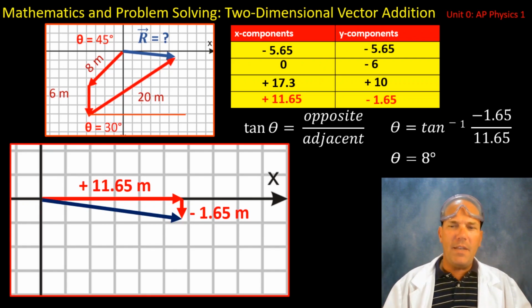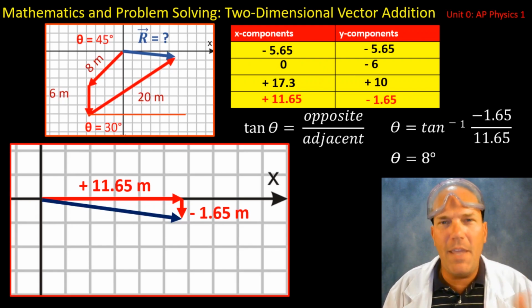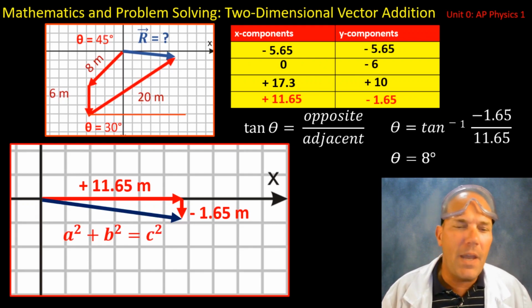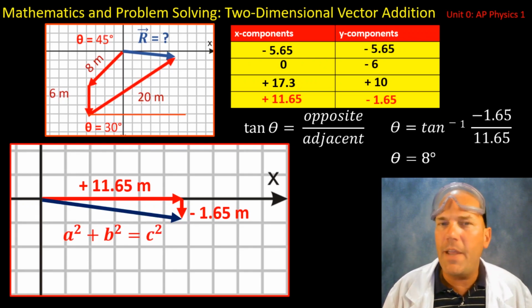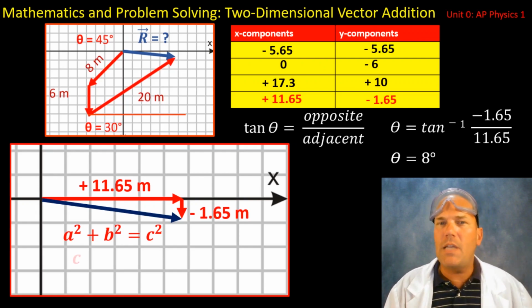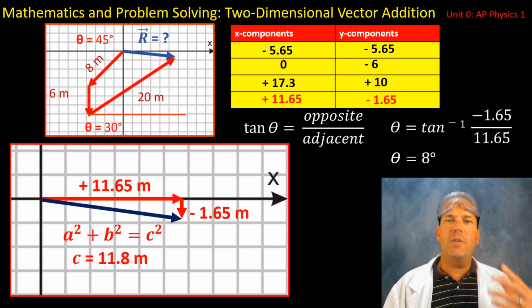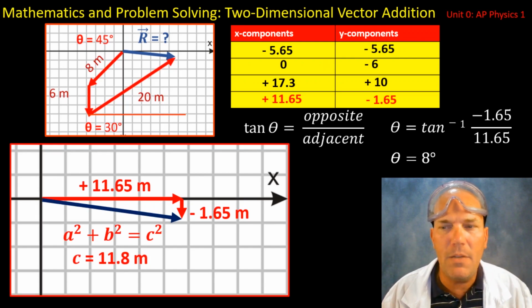So having said that, we're going to use our angle, which you see is small. 8 degrees makes perfect sense. Next, we're going to use the Pythagorean theorem to relate these two sides of our right-angled triangle to solve for the magnitude of the vector, which is our hypotenuse, to be 11.8 meters.